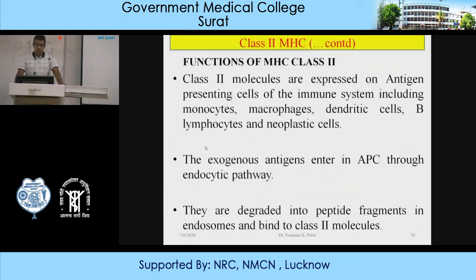Now the function of the class 2 molecule. Class 2 molecules are expressed on antigen presenting cells of the immune system, including monocytes, macrophages, dendritic cells, B lymphocytes and a few neoplastic cells. Exogenous antigens enter the antigen presenting cell through the endocytic pathway. They are degraded into peptide fragments in endosomes and bind to class 2 molecules.